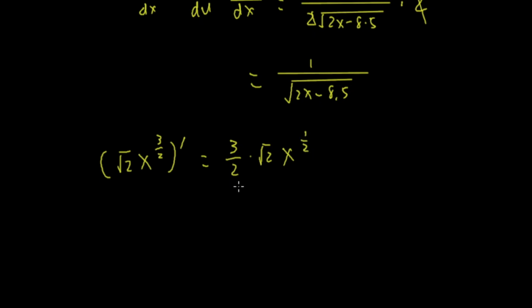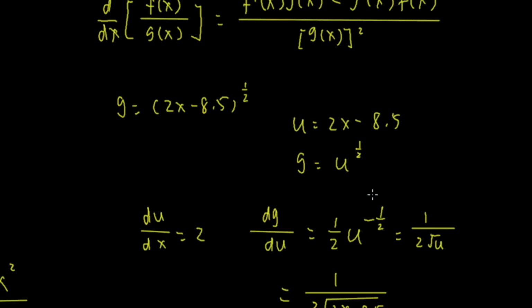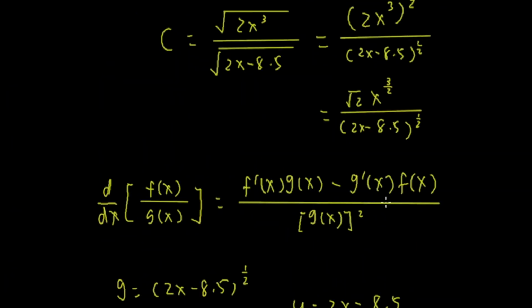And that would be 3 over square root of 2 times x to the power of 1 over 2. Now, let's put everything into here.